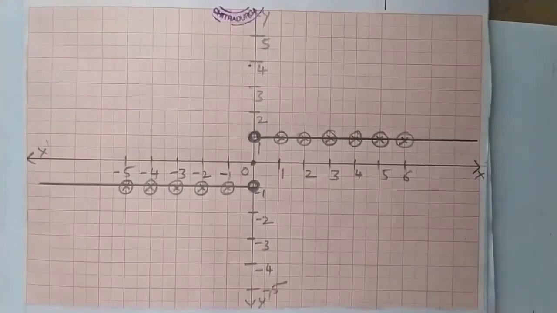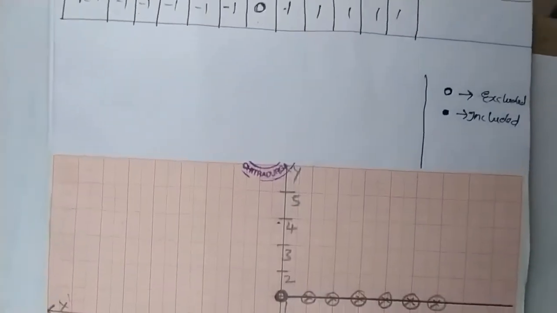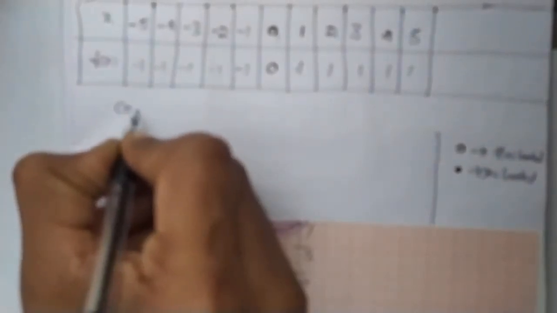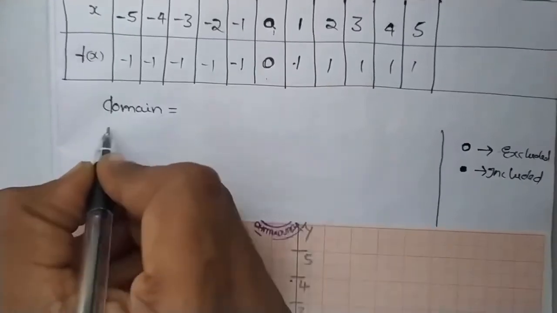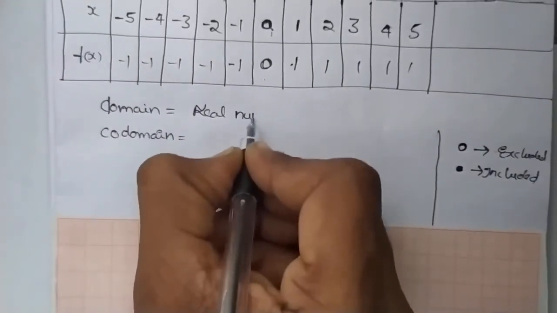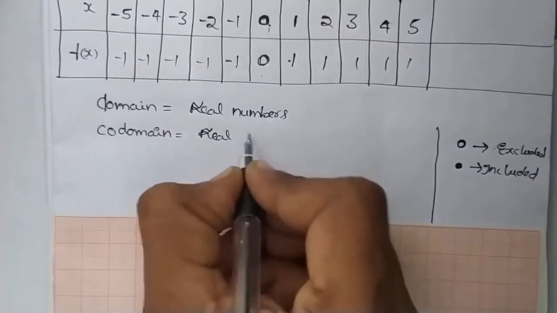Now we are going to write the domain and codomain for this function. What about the domain and codomain for this Signum function? I already told you in the starting itself that the domain and codomain will be real numbers.